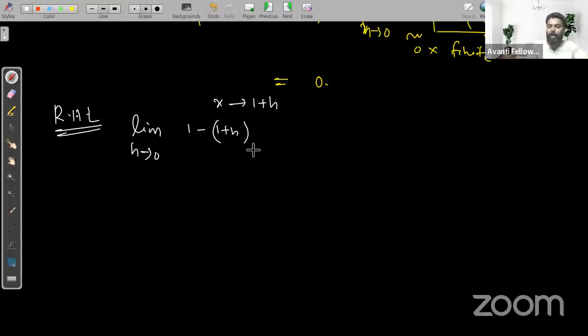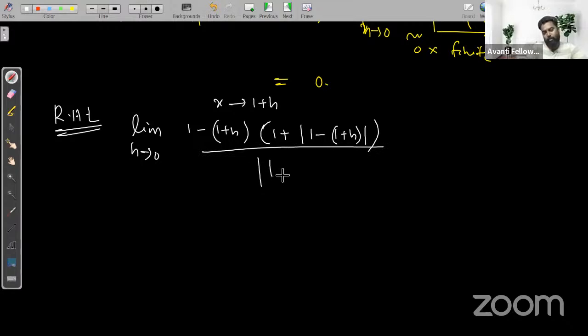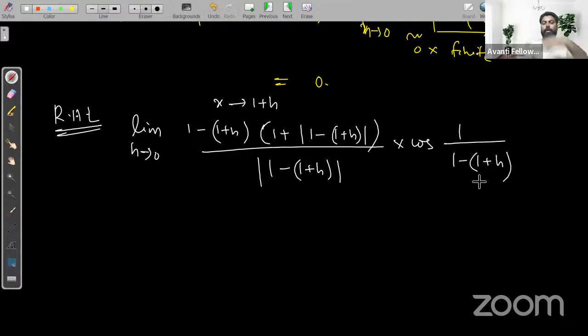Yes, 1 minus (1 plus h) into (1 plus mod of 1 minus (1 plus h)), divided by mod of (1 minus (1 plus h)) into cos of 1 by (1 minus (1 plus h)). Clear? Okay.